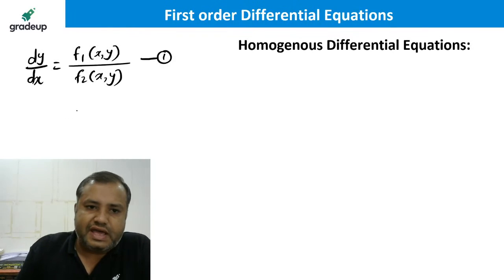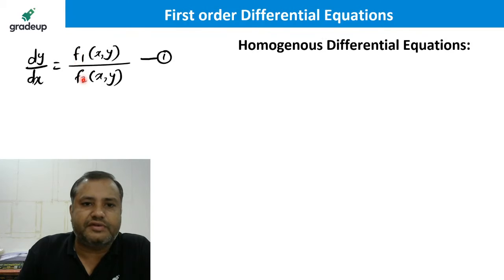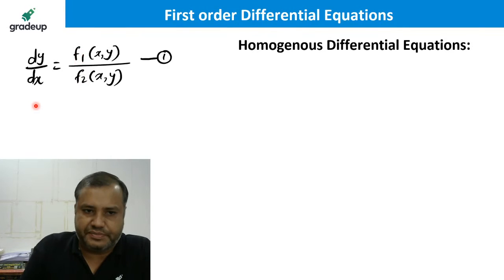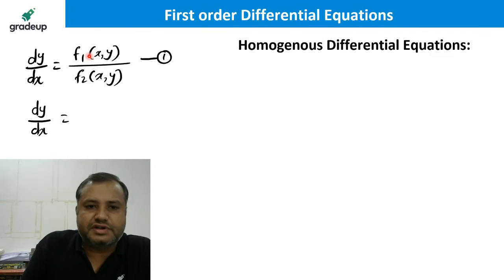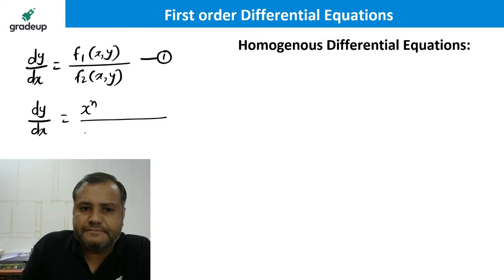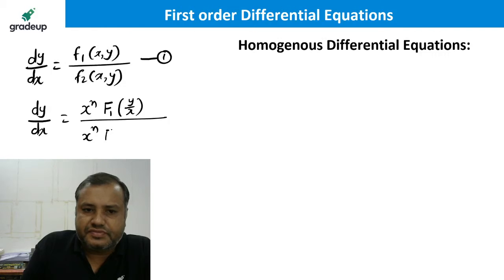So if I assume that f1 and f2 are homogeneous functions of the same degree, say n, so x to the power n can be taken out from the numerator, x to the power n can be taken out from the denominator. So the remaining can be written as a function of y by x, some other function of y by x.